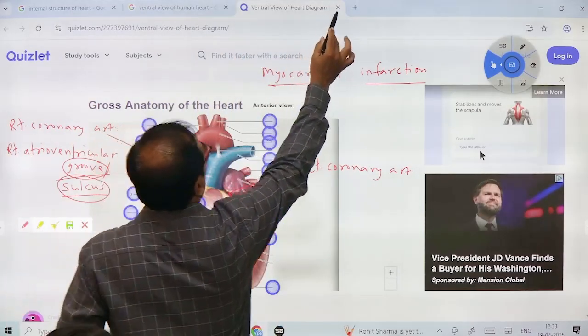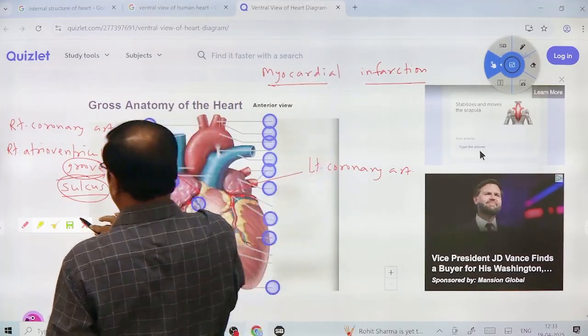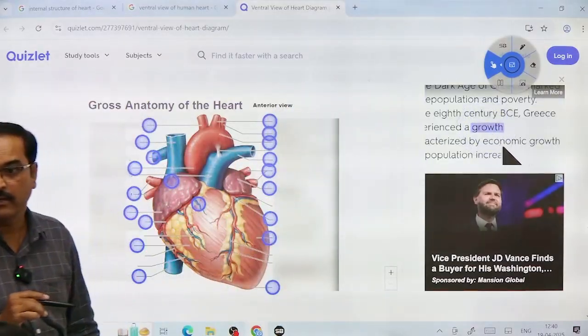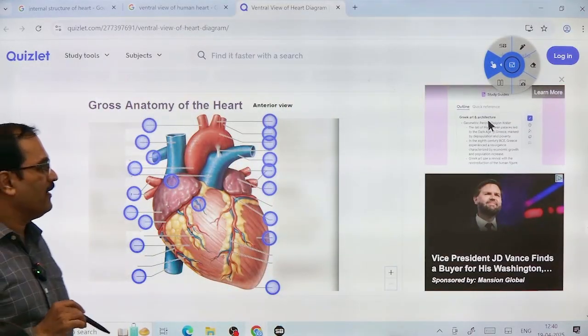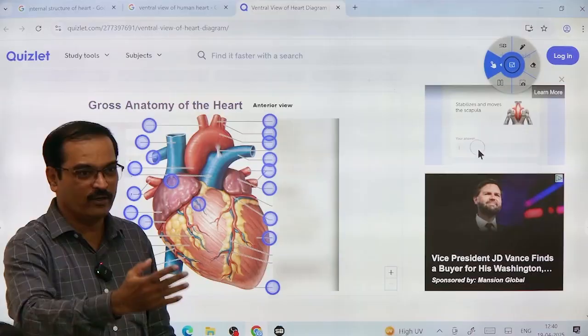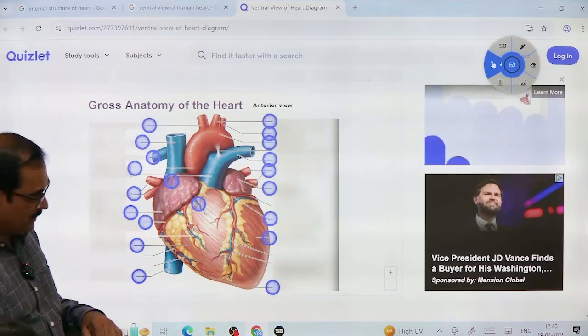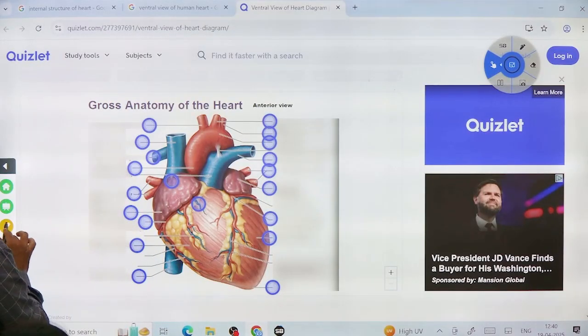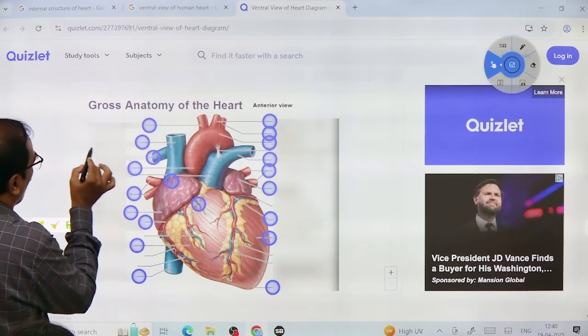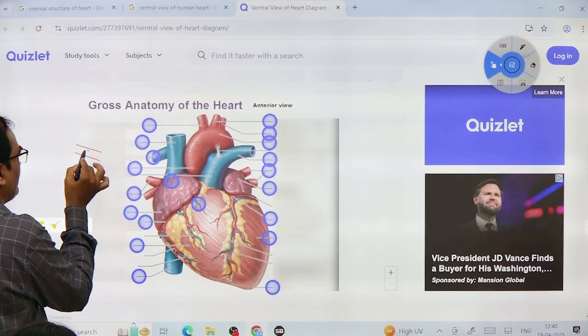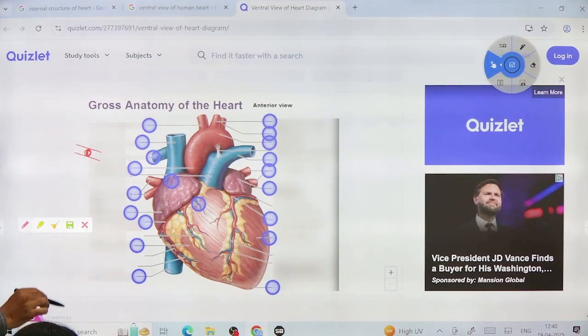Now we will study the dorsal view of the heart. Angina we are actually going to study in the next point, but before that, what is angina pectoris? Suppose this is the coronary artery. If there is a complete block, what will happen? Heart attack.